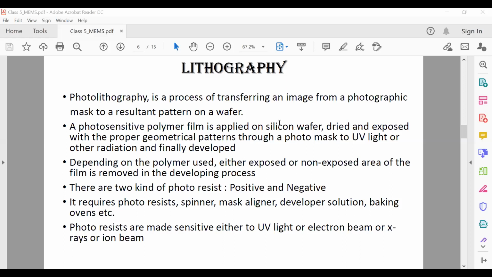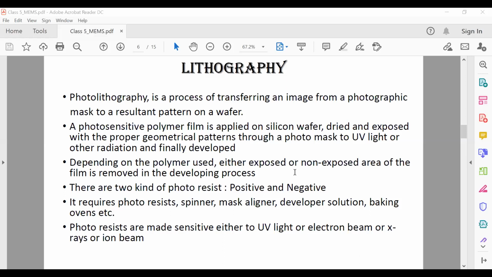Okay, now depending on the polymer used, either the exposed or non-exposed area of the film is removed in the developing process. That means in some cases we will find that the exposed portion of the film will be dissolved in the developer solution.